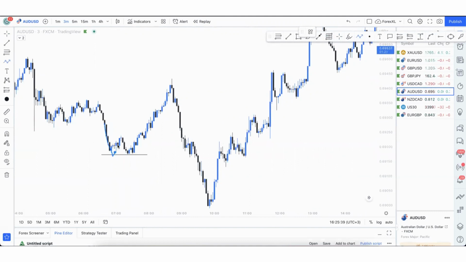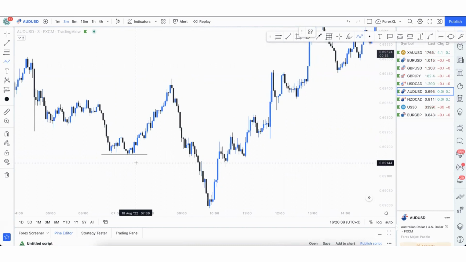So you have a double bottom here, goes up, yes, but as you can see as well, price went down and then went up again. So as long as we see this kind of structure, we can see how the price moves or reacts on those areas.